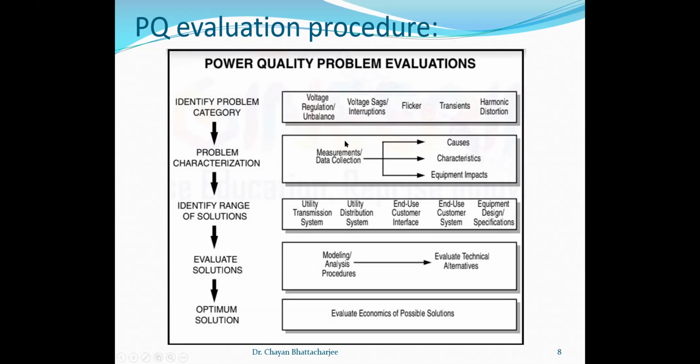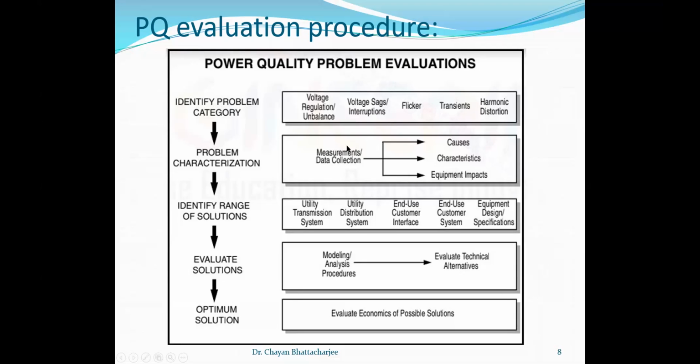If it is a voltage sag, how deep is the sag; if it's a flicker, what is the flicker intensity. If it's a transient, what is the peak value of the transient voltage and what is the rise time, like that. So you have to identify the problem category and the problem severity basically.